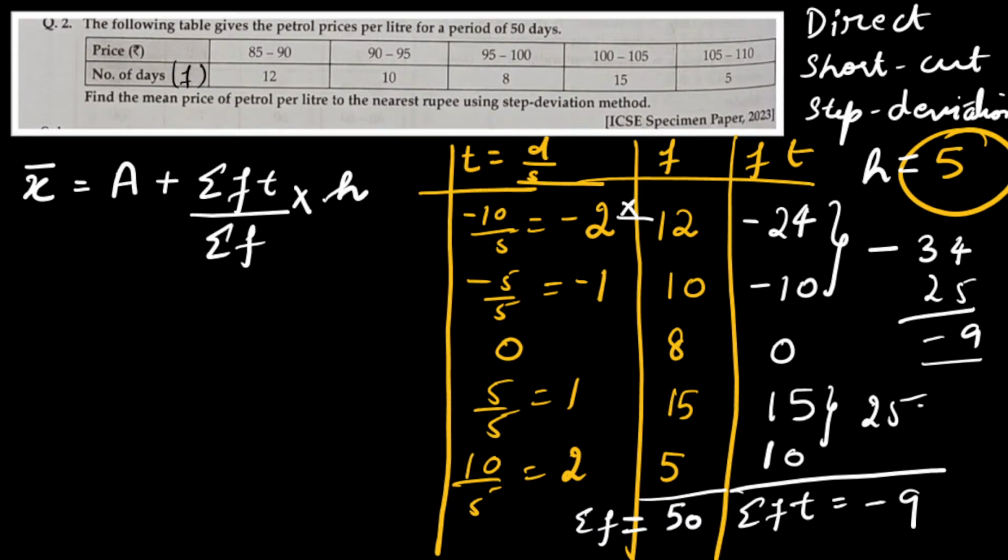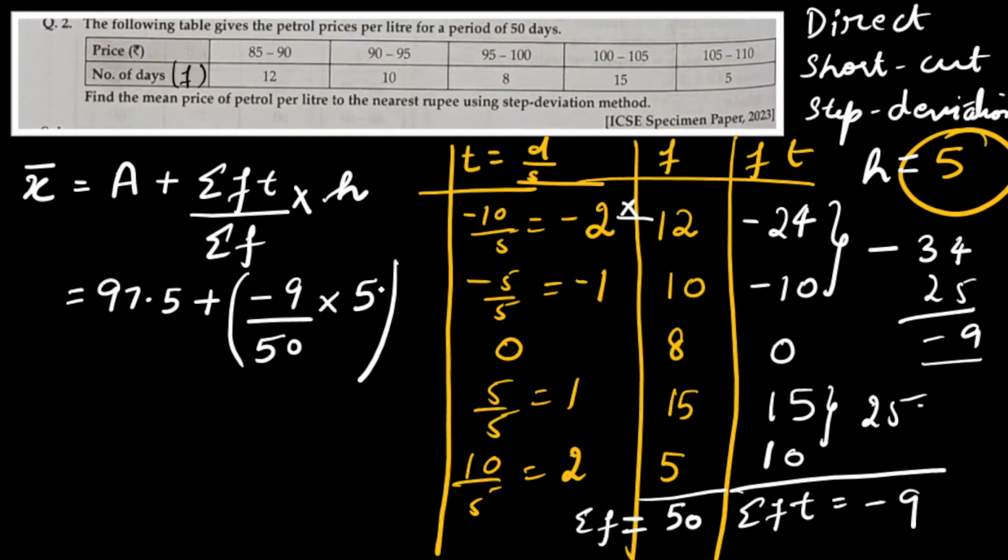Now let's do substitution here. So A's value we assumed as 97.5 plus sigma ft is -9, sigma f is 50, height is 5. This class size is 5. So this you can write in bracket.